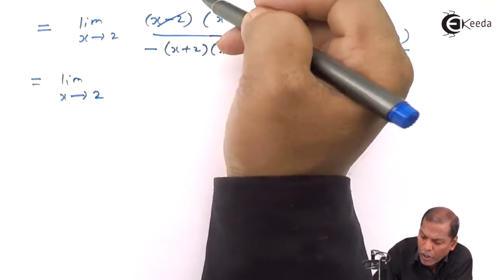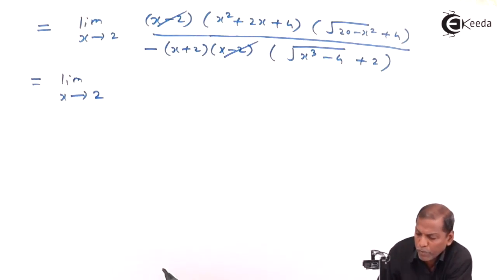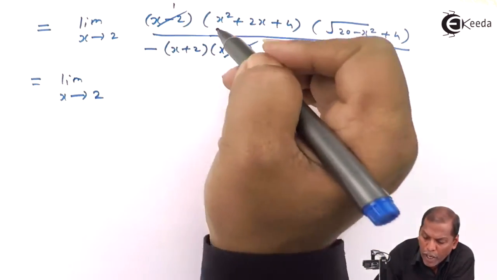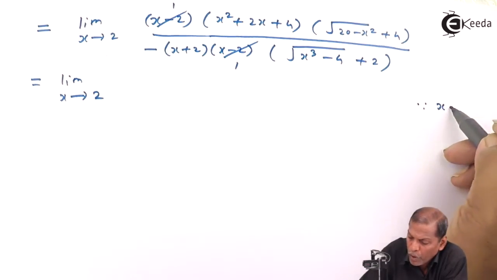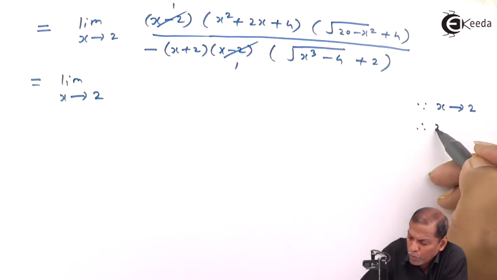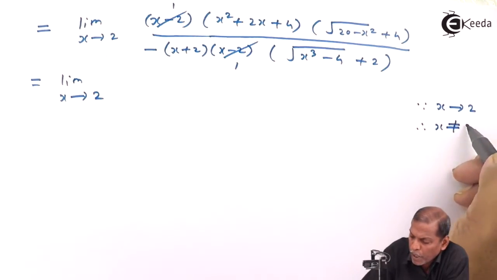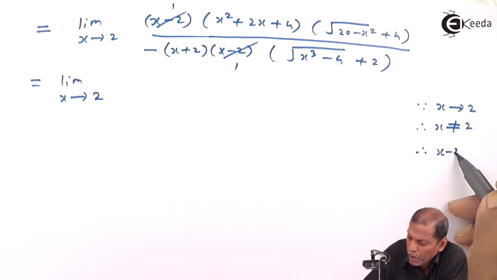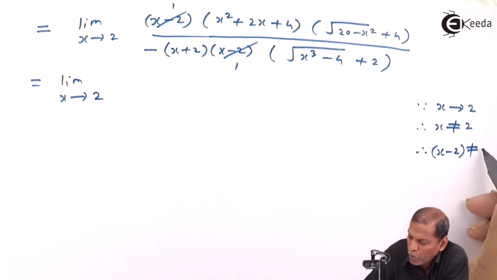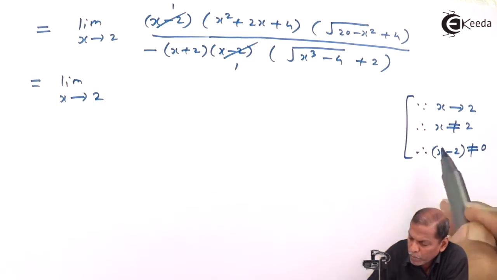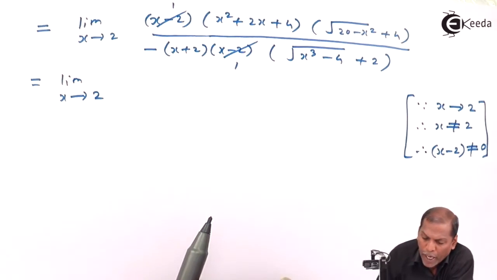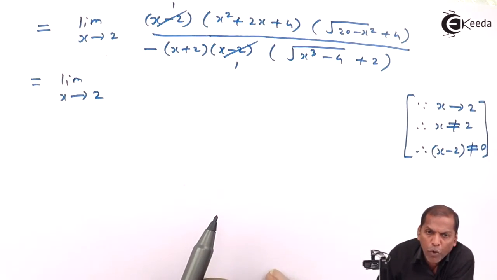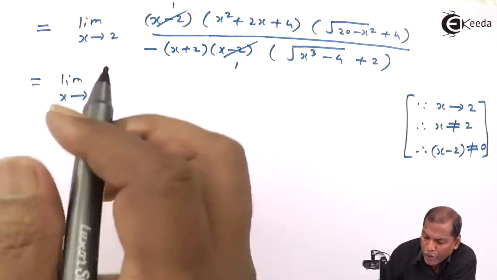Now we cancel x minus 2 from numerator and denominator, stating the result that since x tends to 2, it means x not equal to 2. It means x minus 2 not equal to 0. So we cancel the term x minus 2 from numerator and denominator.